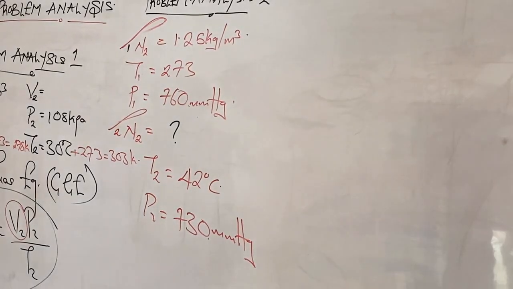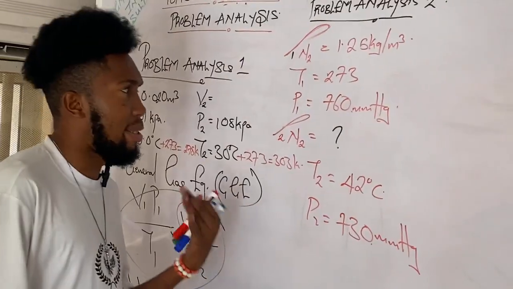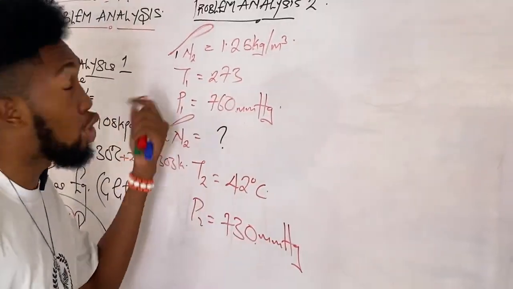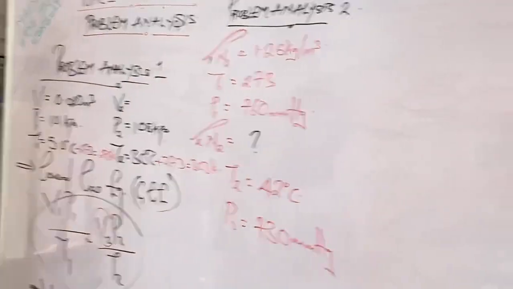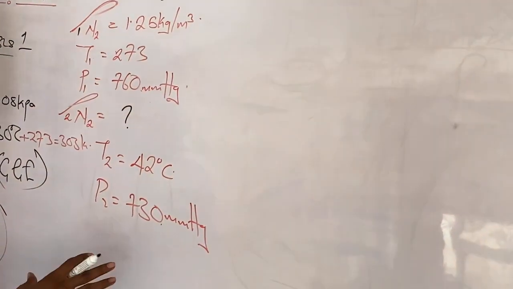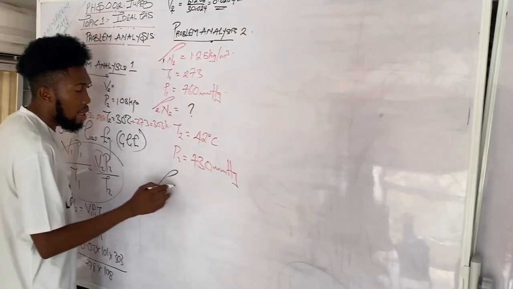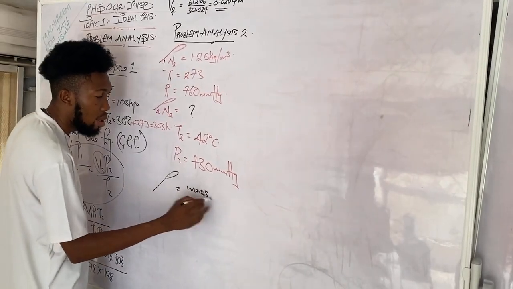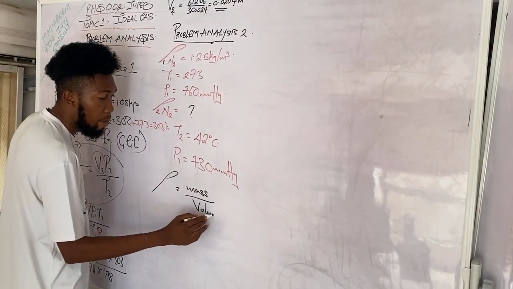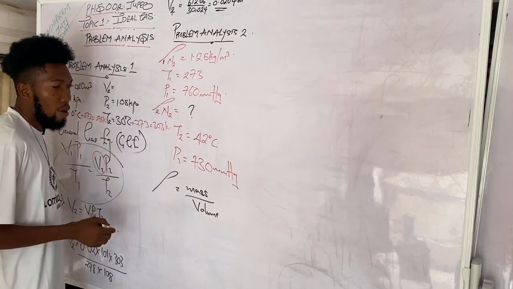Now, if you look at this, there is no law amongst the laws we treated that connects density, temperature, and pressure all at the same time. But we are working with physics and we have to learn to analyze. Let's ask ourselves a question. What is density? Density is mass over volume, right?